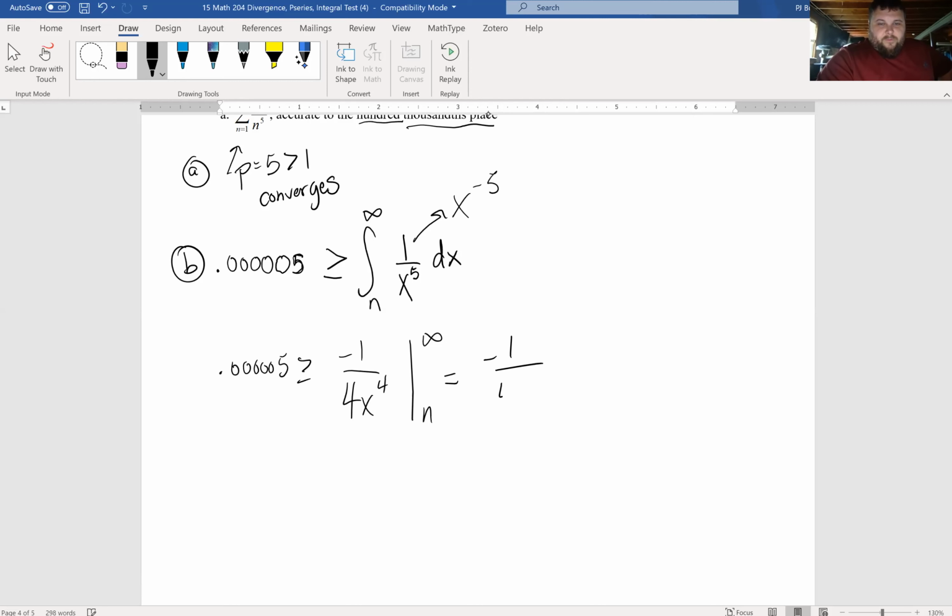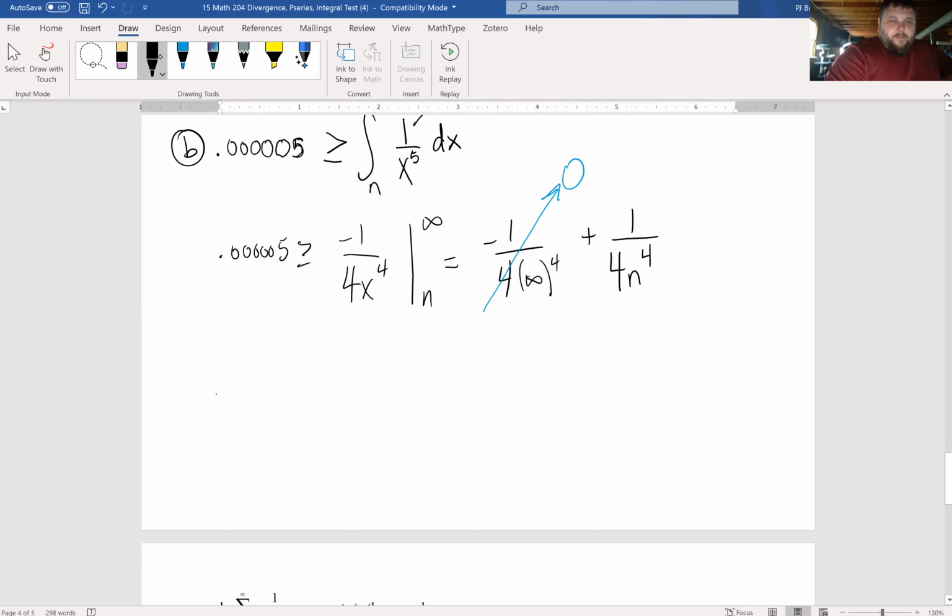So this is minus 1 over 4, and 1 over 4 n to the 4th. Hopefully it is clear that this goes to 0, right? I'm dividing by really big numbers. And so I'm left with my decimal over here, greater than or equal to 1 over 4n to the 4th.